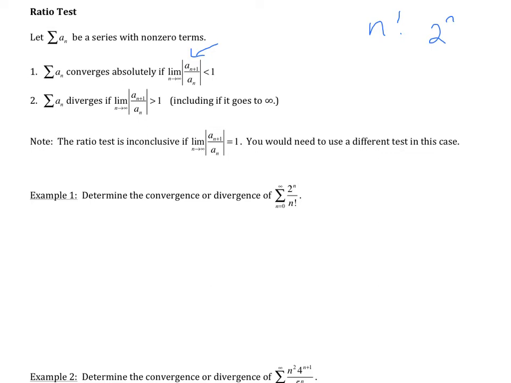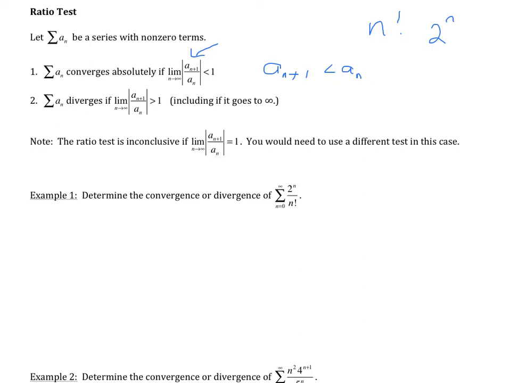It converges absolutely if that limit is less than 1. That should make sense. If the limit of this quotient is less than 1, that means that a sub n plus 1 is smaller than a sub n itself. And so the function's decreasing, each and every term gets smaller. And so that's what that's telling you.